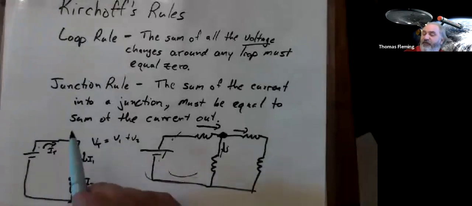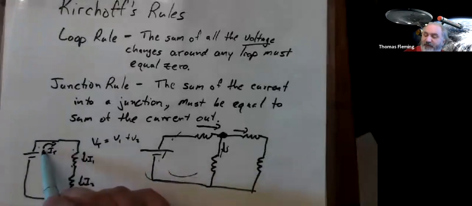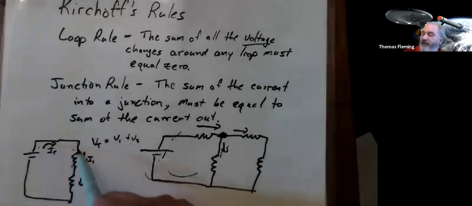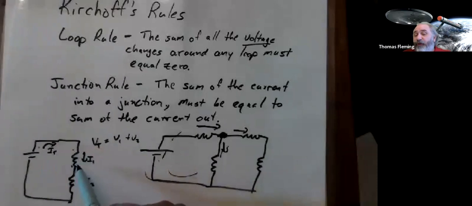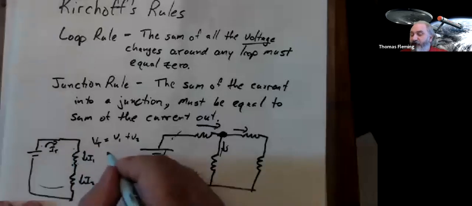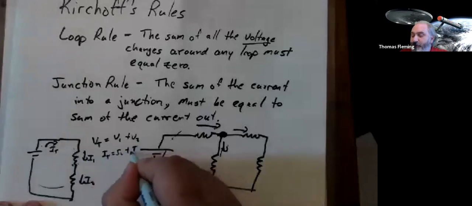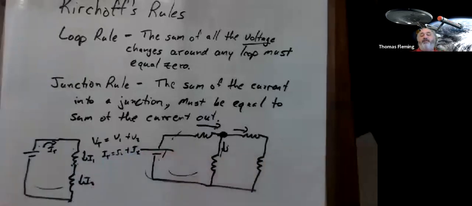So if I have I total come out, if I have 10 amps come out of the battery, that full 10 amps had to go through this, and there's no place else for it to go. So that same 10 amps had to go through this as well. So the current had to be the same everywhere. And that was the second assumption that we had to make when we derived the equivalent resistance rules, right?